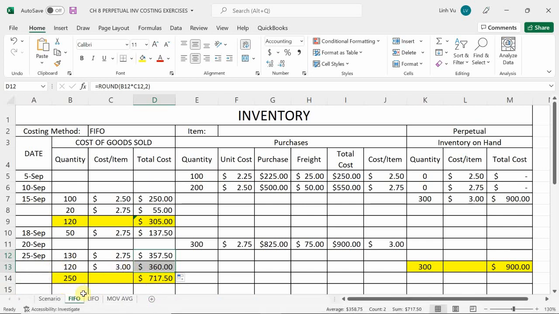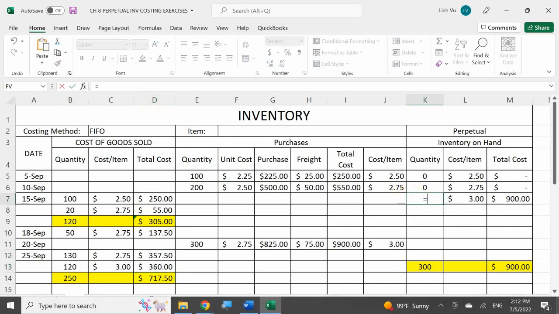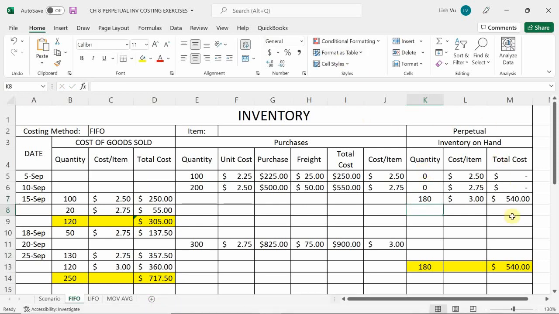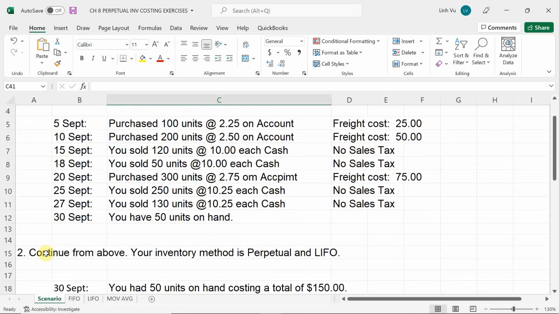Now I need to update my inventory because I just got rid of 120 units. 300 minus 120 gives me 180 remaining, times $3 gives you $540. Last but not least, on September 27, you sold 130 units, giving you an ending balance of 50 units on hand by September 30th.